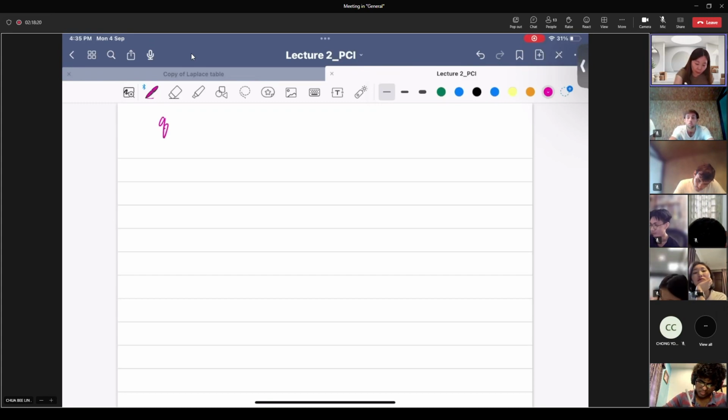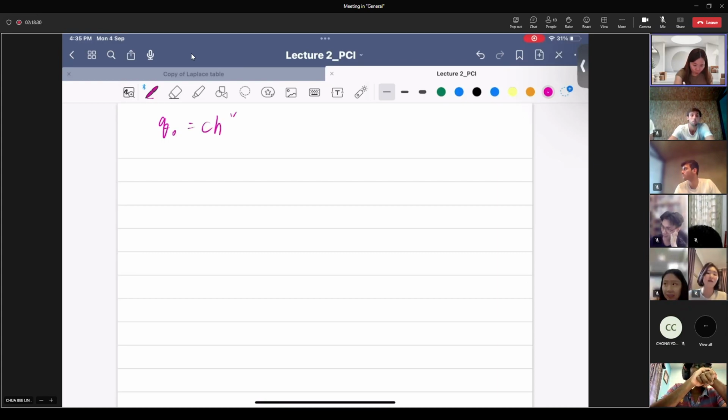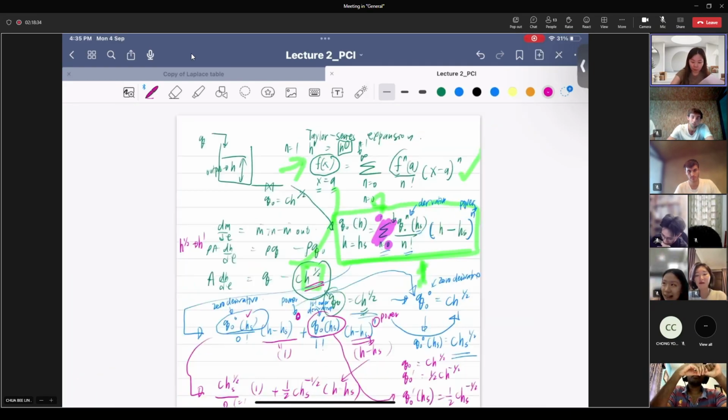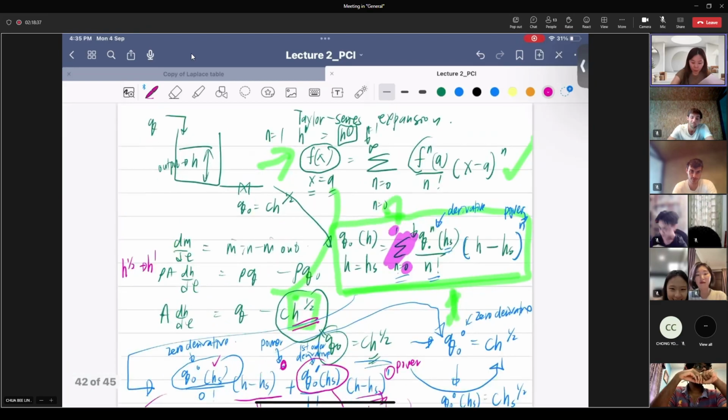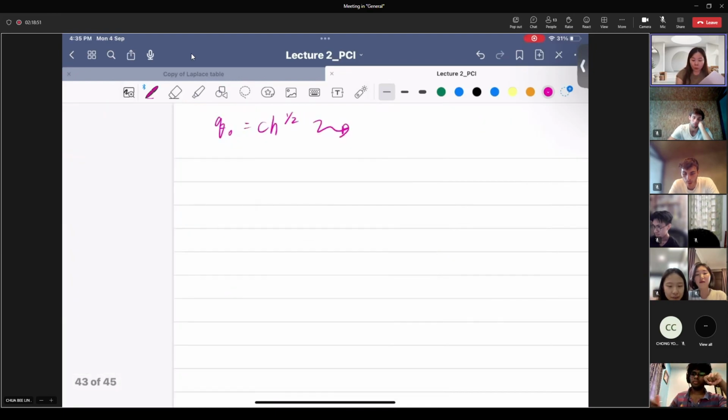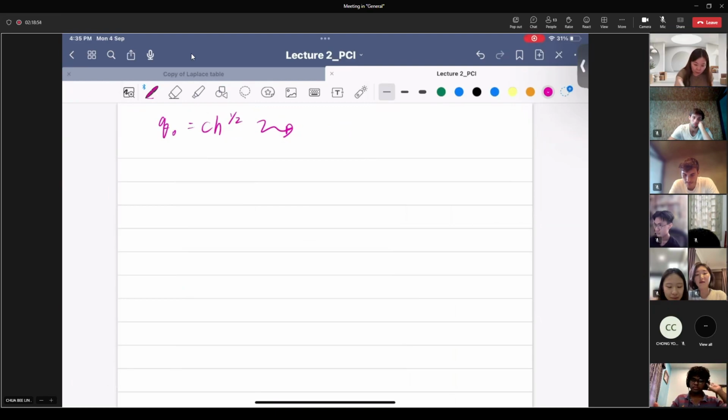So just now, as a summary, Q0 was initially C h^(1/2). Finally, based on this simple Taylor series expansion, you will copy. So this whole thing is actually your Q0.